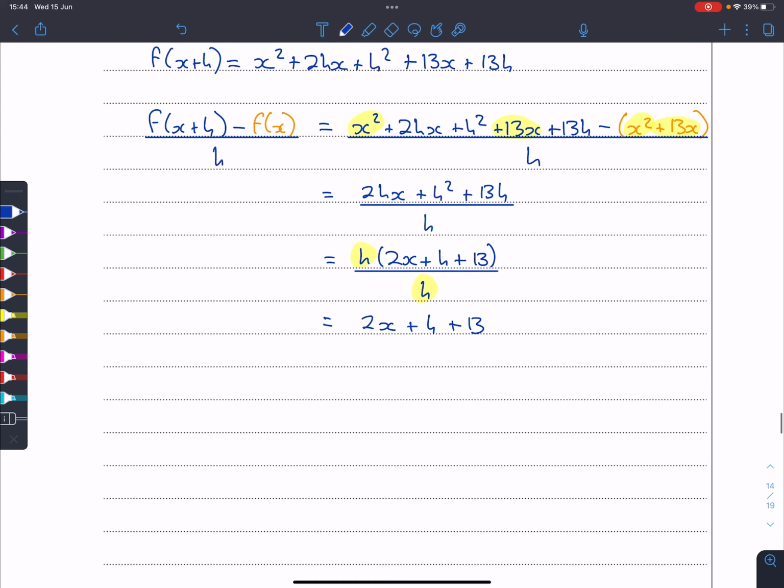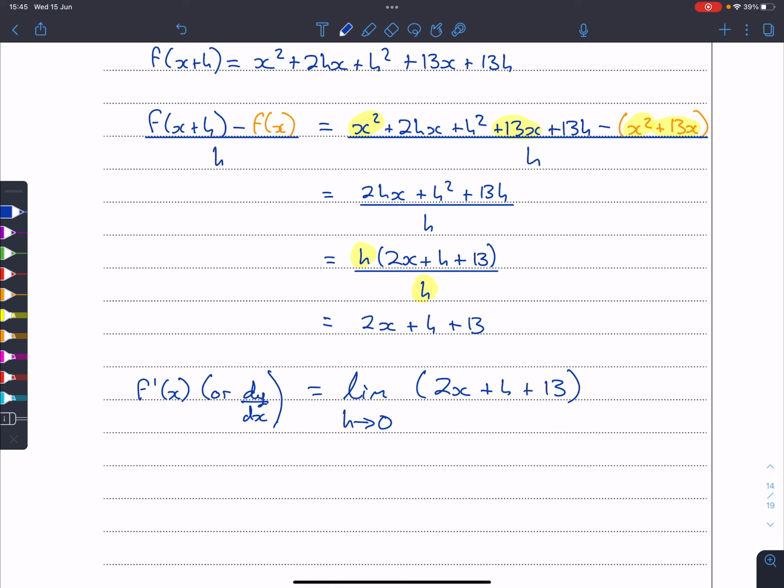Okay, now at this stage I can use my limits. So I can say f prime of x, or if you prefer, dy by dx, same thing, is equal to the limit as h gets smaller and smaller and goes to 0 of this expression I've just worked out, 2x plus h plus 13.